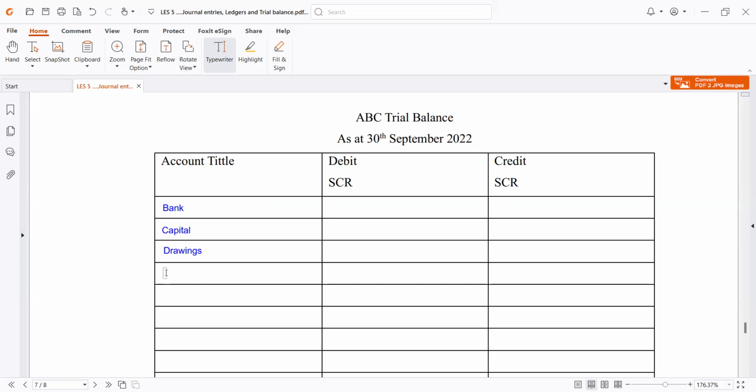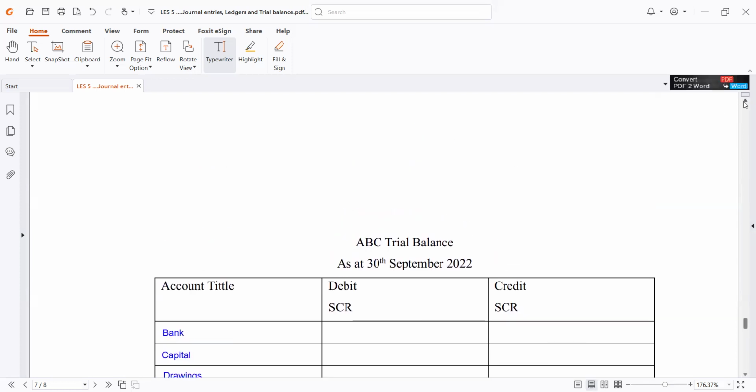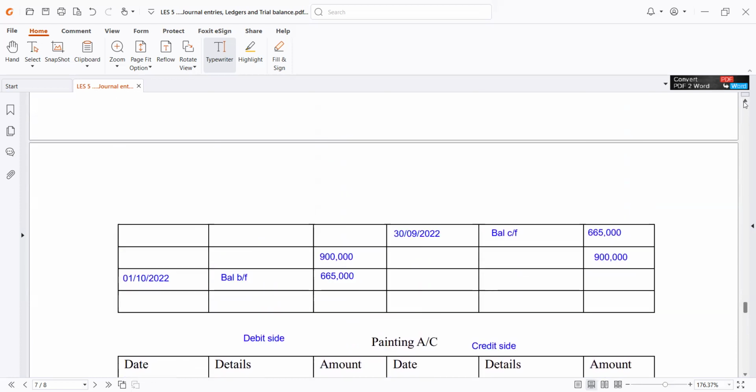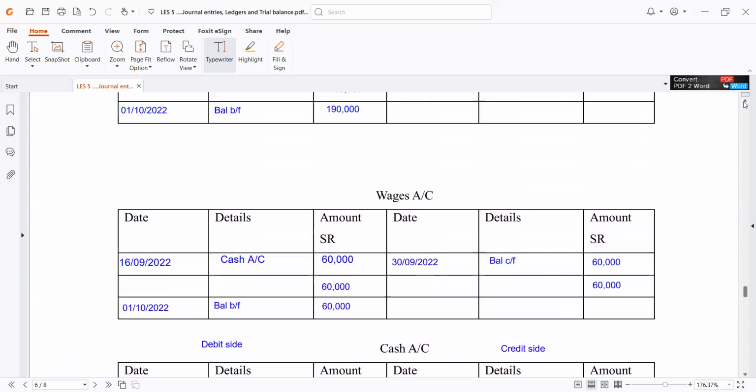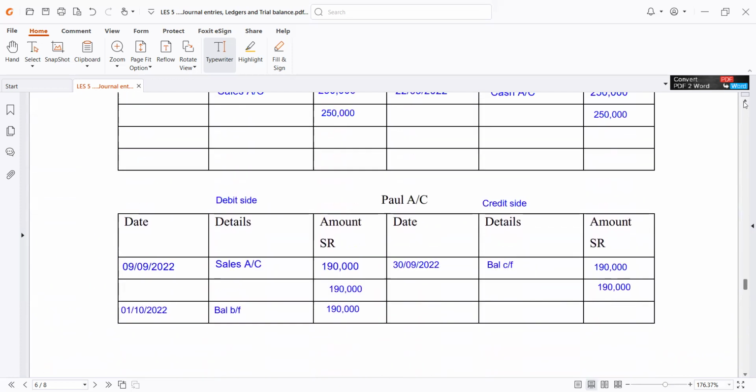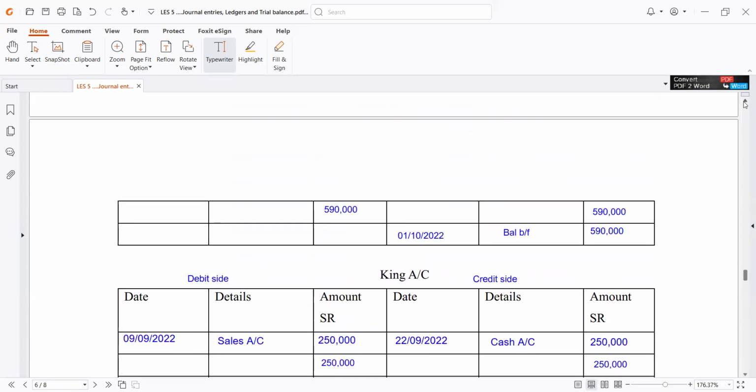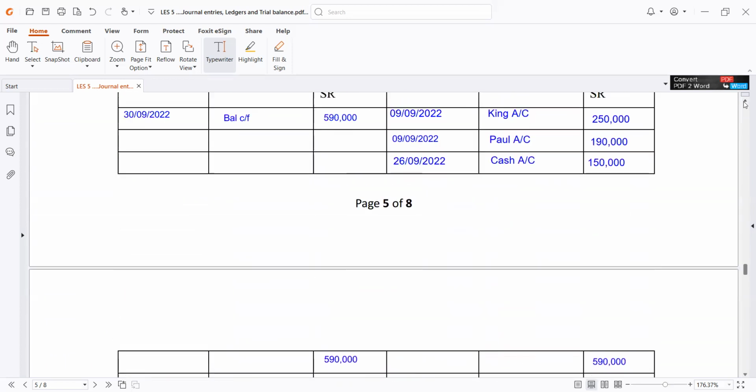Tom. In fact, for Tom, we did not have any balance brought forward. So that one for Tom, we can do away with it. And what I mean is all the accounts that you write in the trial balance, you only post those accounts that have the balance brought forward.